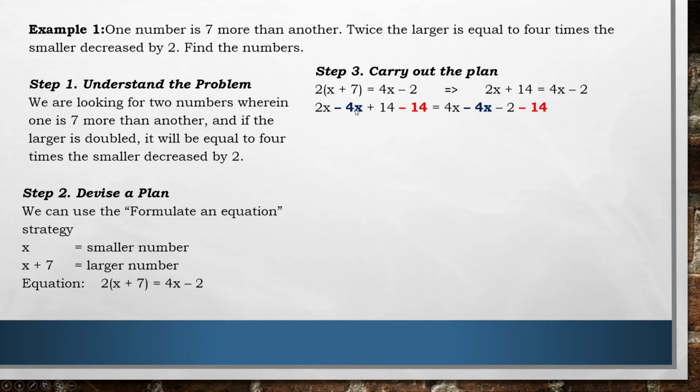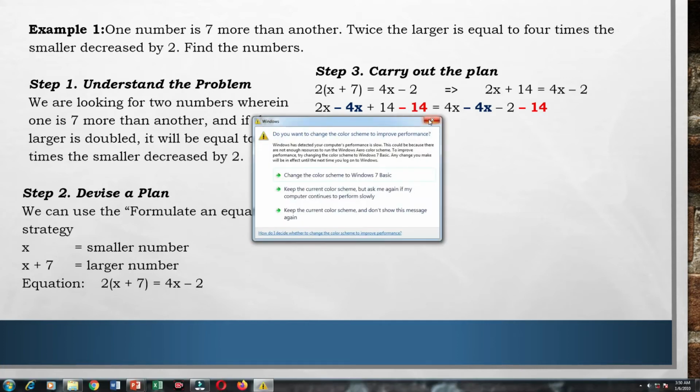So minus 4x, minus 4x. And then on both sides also, we are going to subtract 14. Minus 14, minus 14. So the goal of this is for us to eliminate 4x on the right hand side and of course to eliminate 14 also on the left hand side.